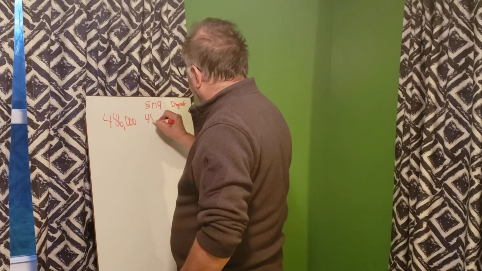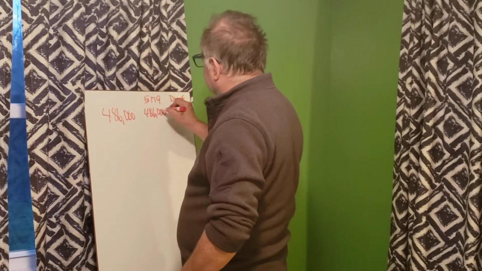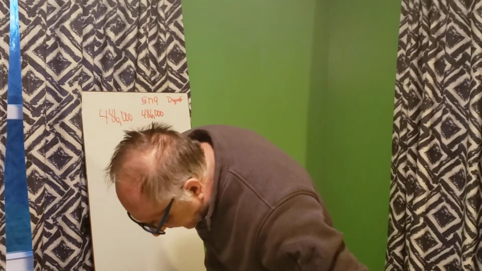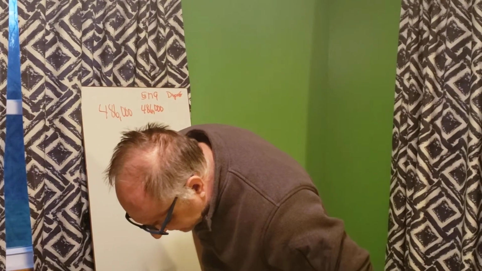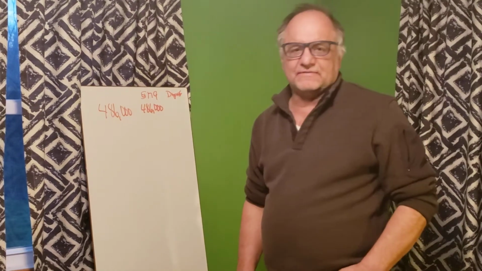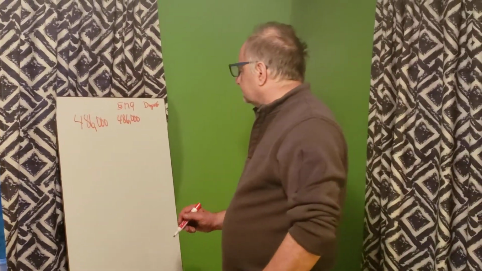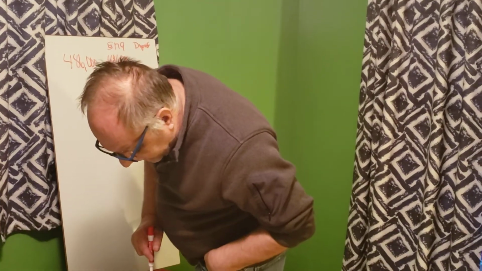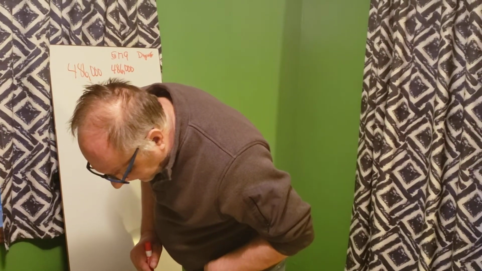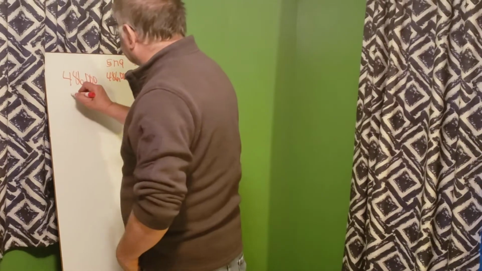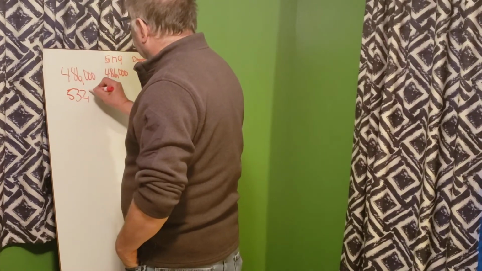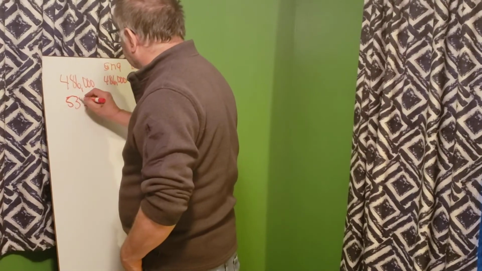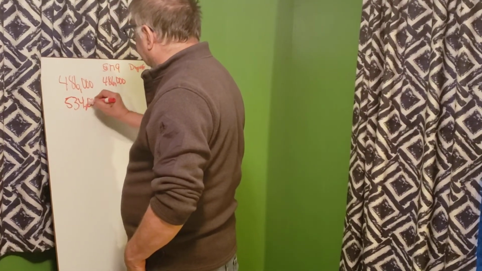So we're going to take $486,000 of section 179. The next one is the trucks, which have a 5-year useful life. But we only have $534,000 left of section 179.